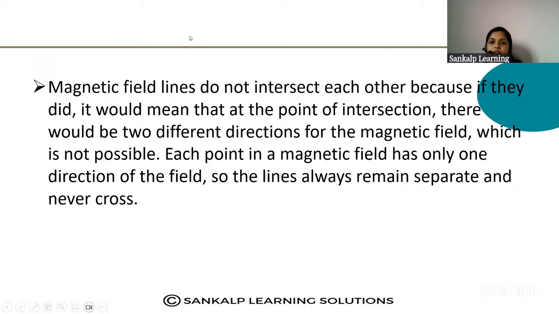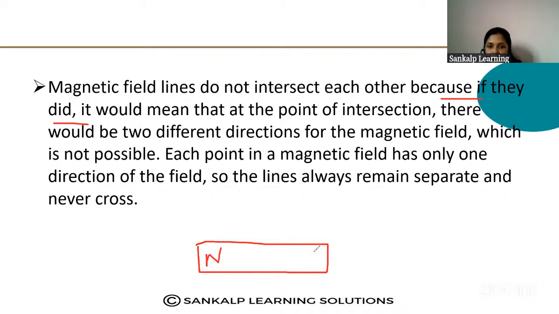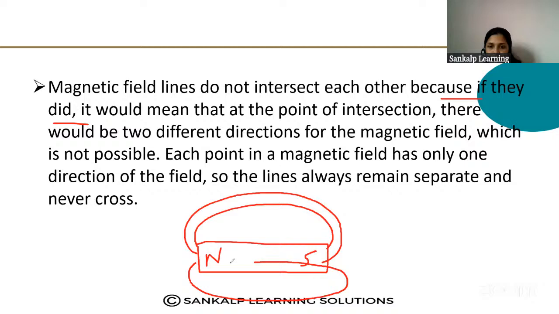Magnetic field lines do not intersect each other because if they did, just imagine this is the bar magnet with north and south poles. These magnetic field lines will never intersect each other like this. What is the reason behind this?